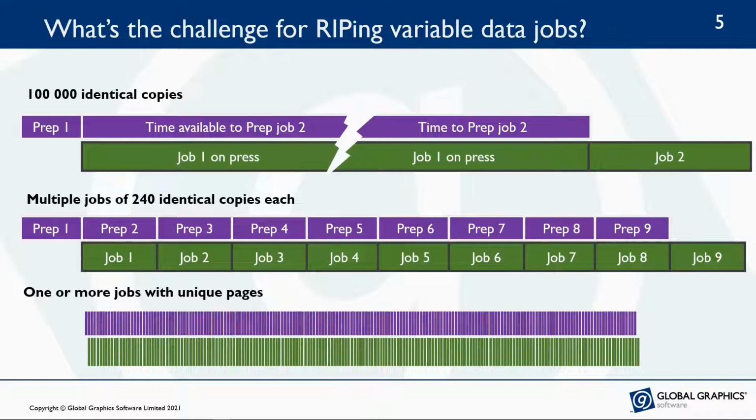Incidentally, this points up the fact that short-run and version jobs don't fall into VDP and can't be accelerated in the same way. If you've migrated from printing batches of 100,000 identical labels to runs of 240 identical labels, that's short run, it's not VDP. If you think about the data rates required, you'll see that you still don't need to process jobs through the RIP and DFE at full engine speed.